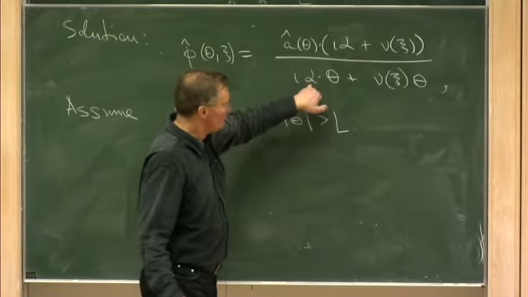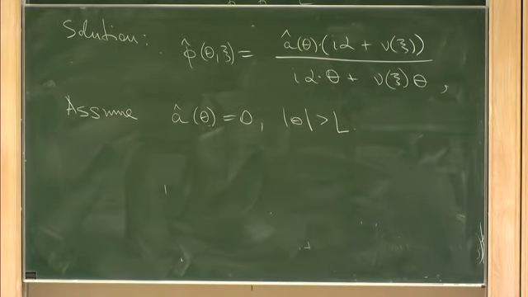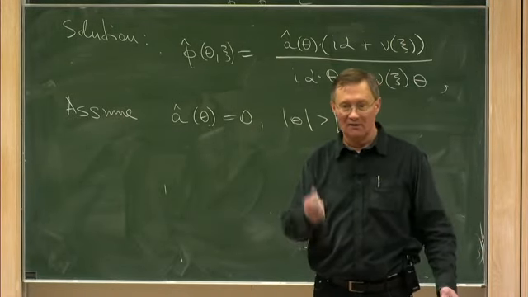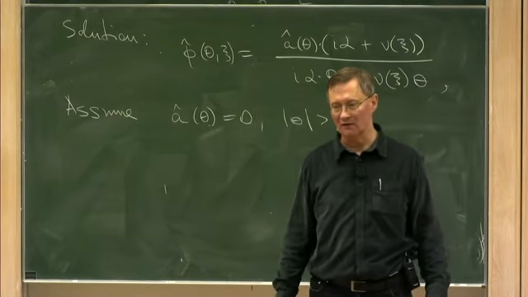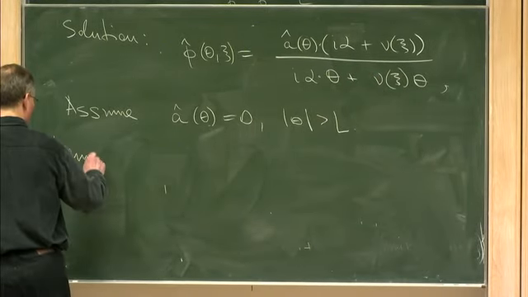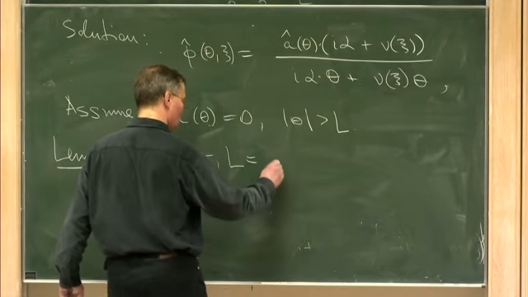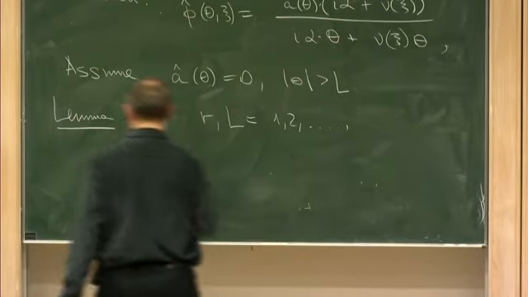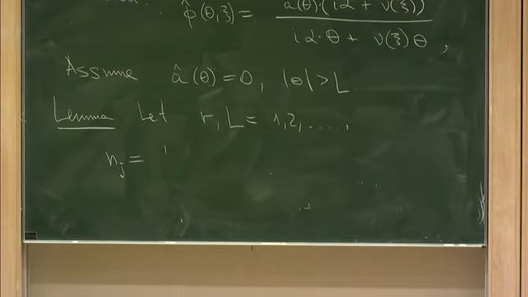Now I'm going to choose this vector alpha. You remember I said in the beginning I have to choose it in a specific way. I will choose it in a way which is non-orthogonal to any of those vectors inside the ball. And, well, this is kind of obvious that this can be done, but I have a nice procedure which gives you exactly the coordinates of this vector n. So let me just tell you what it is. So let R and L be positive integers, and we define n as a vector with components n_j.